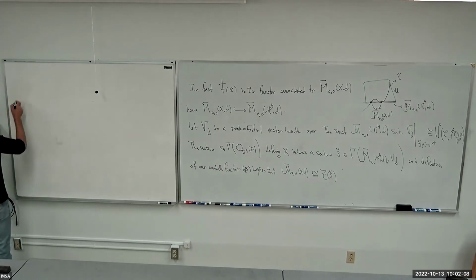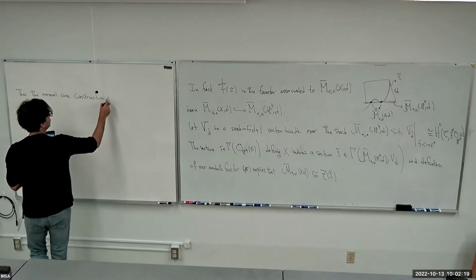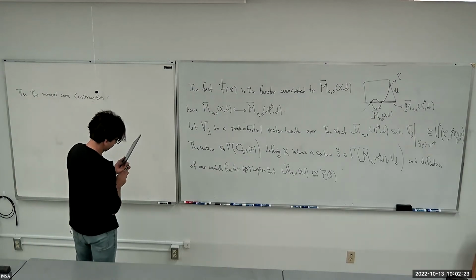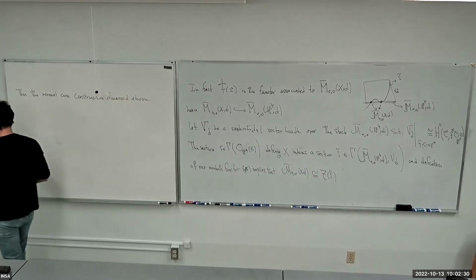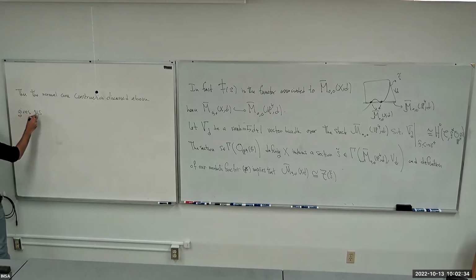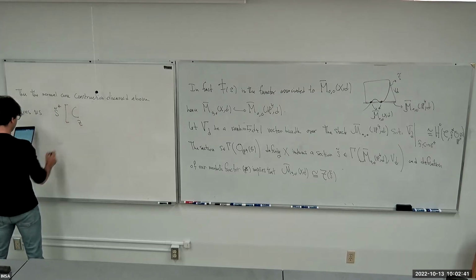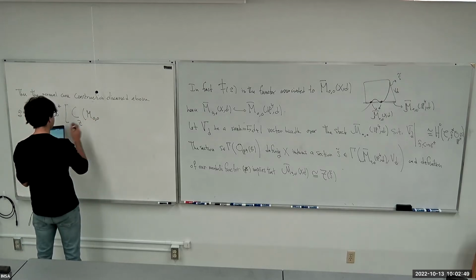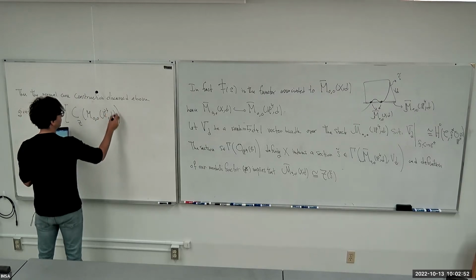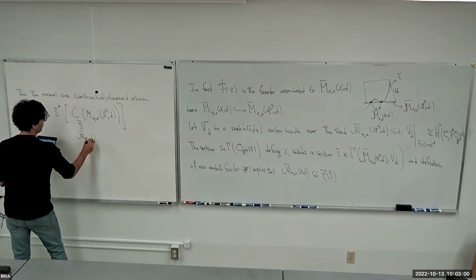So then the normal cone construction, which we discussed before, gives us the pullback via this section of the normal cone to Z of M bar 0, 0, P4, D. And Z is here, M bar 0, 0, X_D.